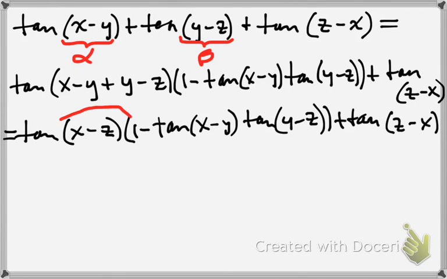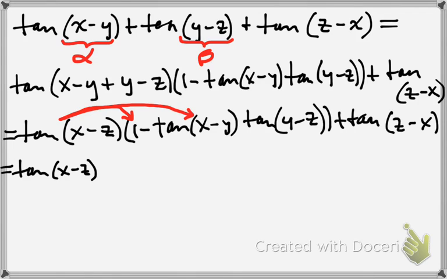Now I'm going to take that tangent of x minus z, and I'm going to distribute it across the parentheses. So I'm going to distribute it to the 1 and to that other expression. So when I do that distributing, and this is going to be quite lengthy, I'm going to end up with the tangent of x minus z.